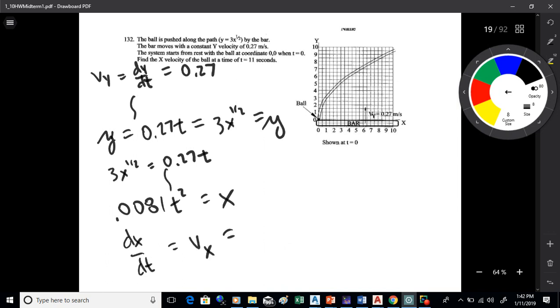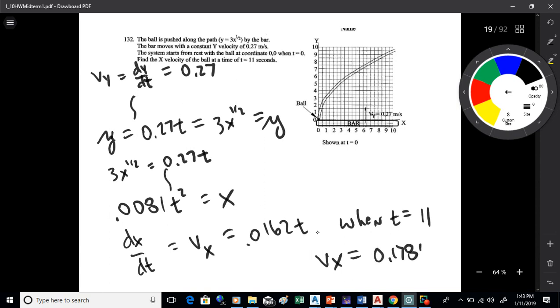And that's the derivative of that, so that's 0.0162 times t. And then I can plug in when t equals 11, and I can find vx, and that's 0.178.